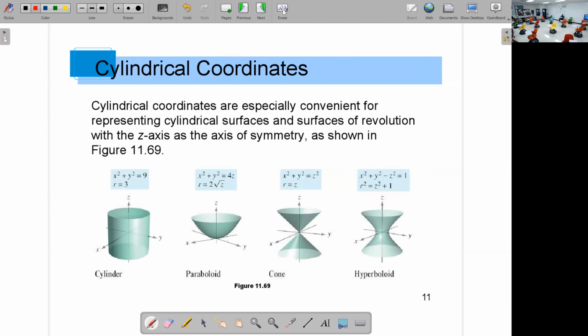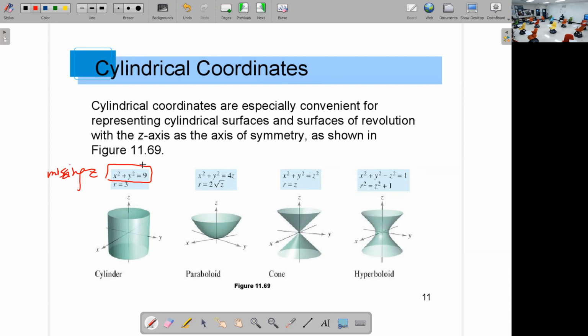Let's erase this. So here are some shapes, some quadric surfaces or cylindrical surfaces, that might make sense to use the cylindrical coordinate system for. In the rectangular coordinate system, if this is in 2D, that's just a circle, right? In 3D, this is missing z.